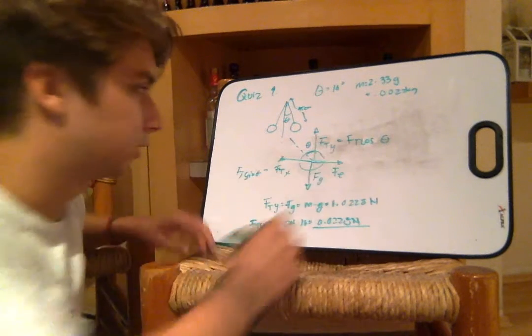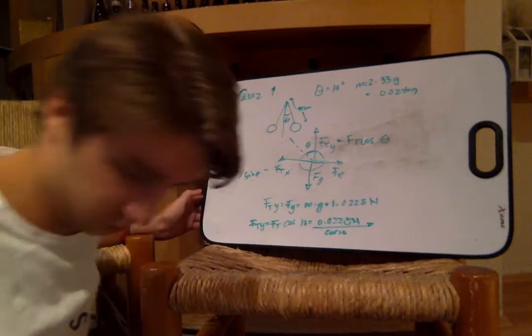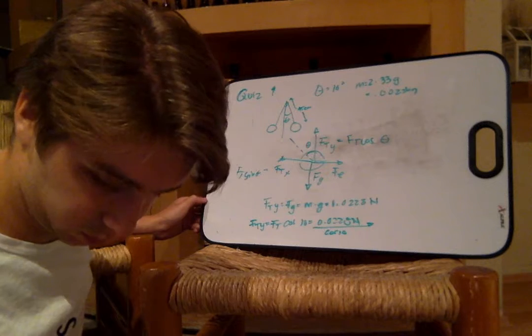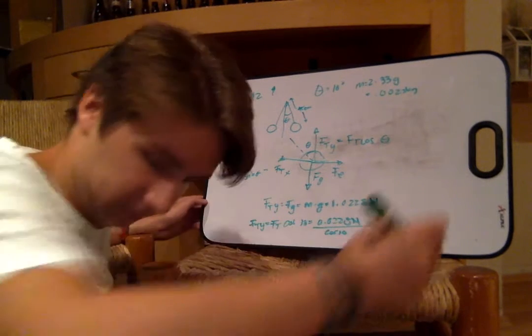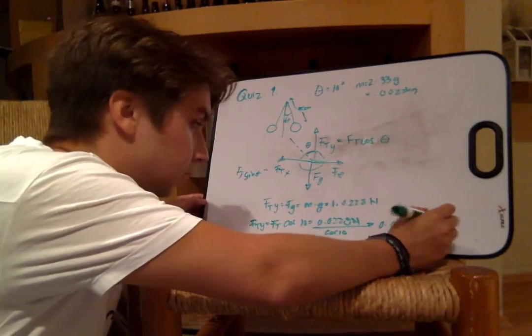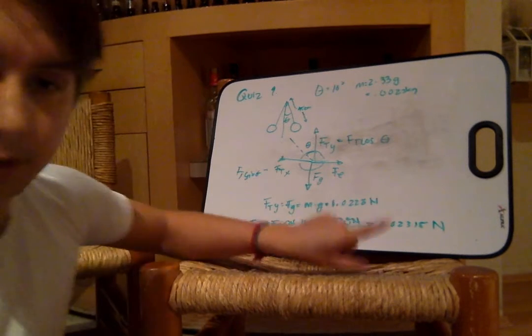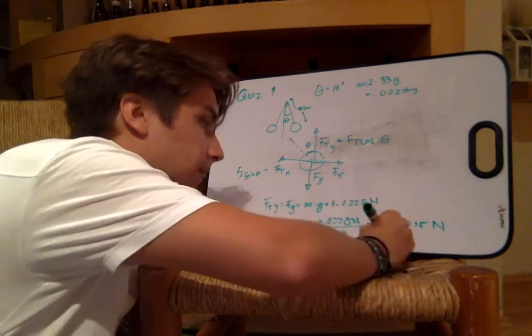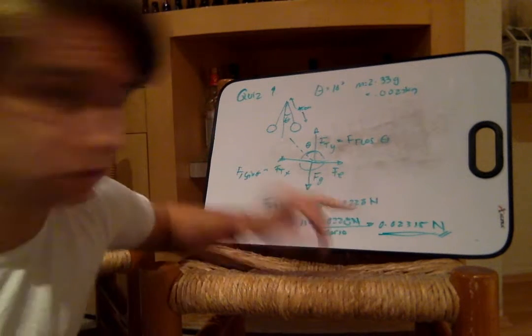So that'll be our cosine. So that's cosine of 10, which gives 0.02315 newtons. So I'm gonna leave that number there, and let's remember that that's the force of the tension.